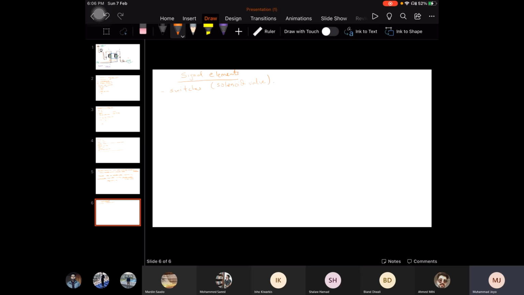Okay. Do any of you know something about solenoid valves? Yeah, I think I have one. Okay, you have worked on it before? We purchased it for a project, a gas project.